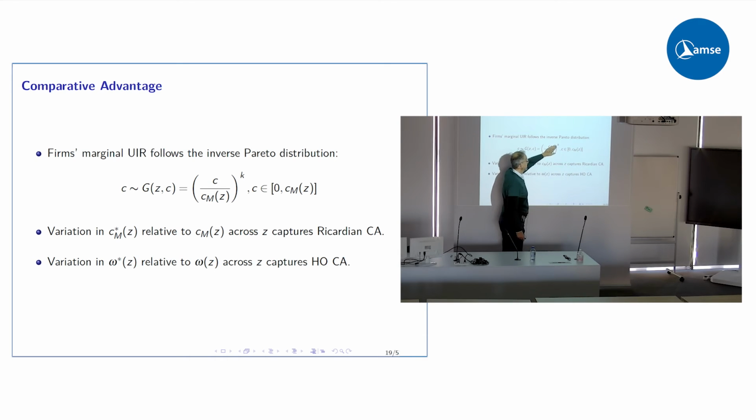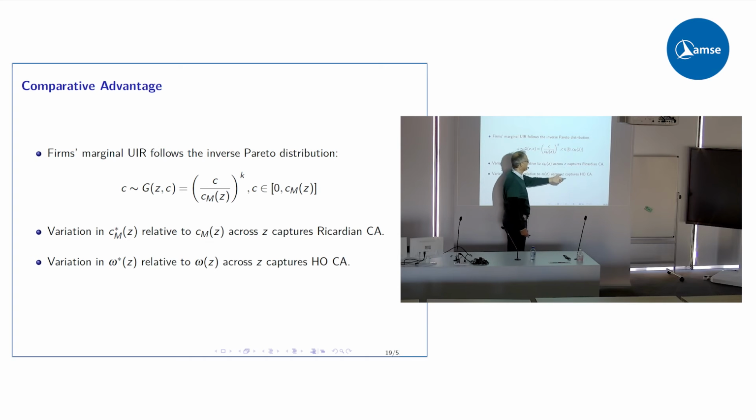And what K does is instead, the larger is K, the more the distribution is skewed towards this upper bound of the support. So when K increases, it increases the concentration of the distribution towards the upper bound of the support. This Cm is our definition of the exogenous component of Ricardian comparative advantage, because this is what we keep as exogenous. So it's the industry characteristics.